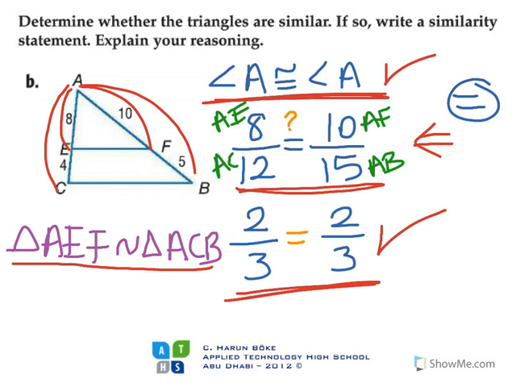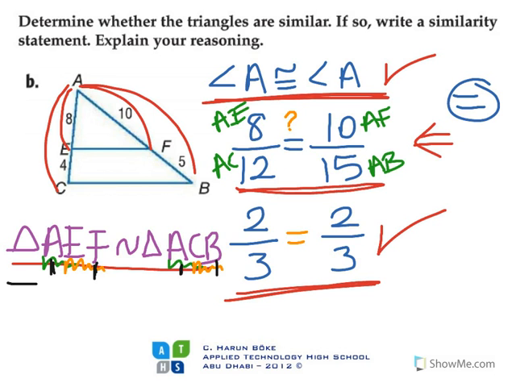So, you see we can do this. We have AE over AC, the first two letters, and then we have EF over CB, which we didn't use here, and then first and last letters we have AF over AB.